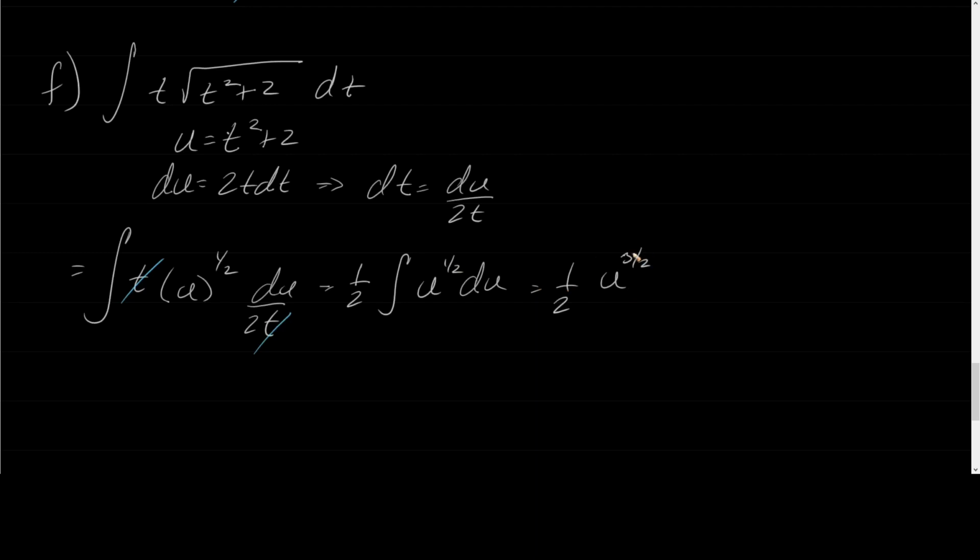Add 1 to the exponent, divide by the new exponent, which is multiplied by the reciprocal, plus c. These two cancel each other out, so instead of u, we have t squared plus 2 over 3, and this is to the power of 3/2 plus c. Cool. Next one.